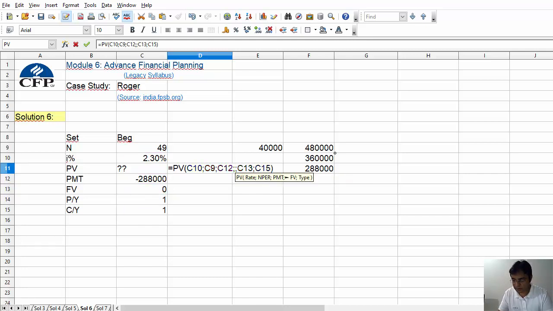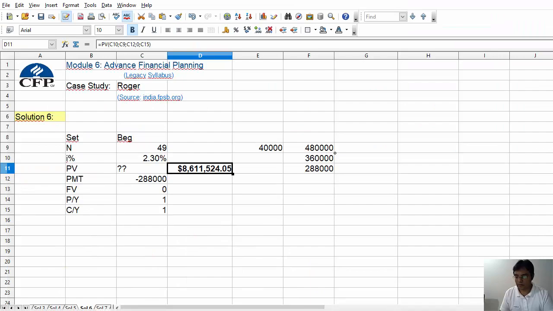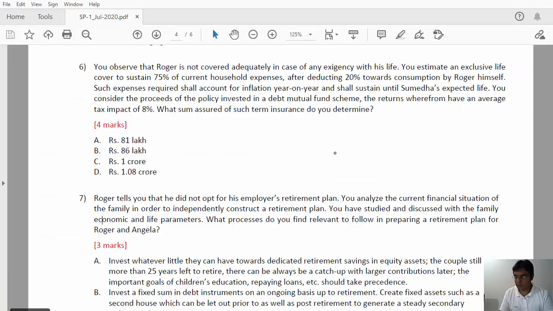Okay, so we have the answer, which is 86.11 lakhs. So that is option B here.